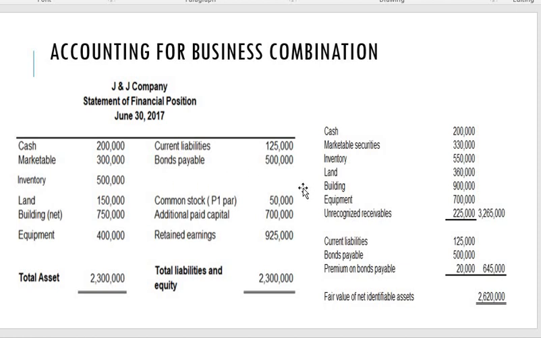We always remember that all the assets acquired and liabilities assumed of the acquiree shall be measured at fair value.